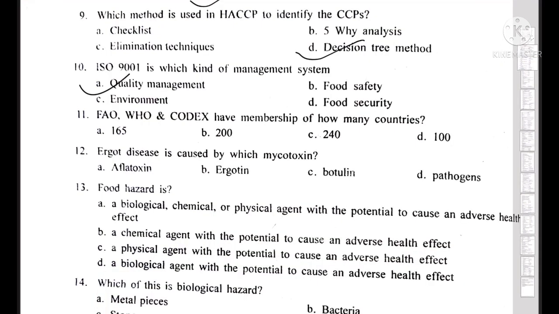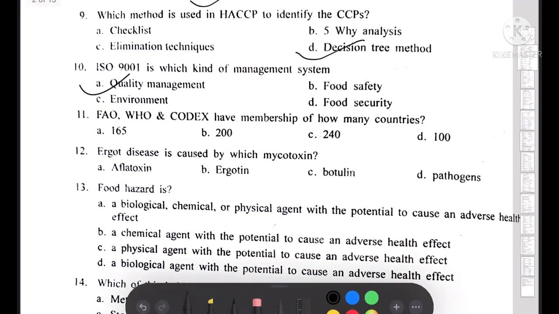FAO, WHO, and Codex have membership of how many countries? The options are 165, 200, 240, or 100. All of the options are incorrect.